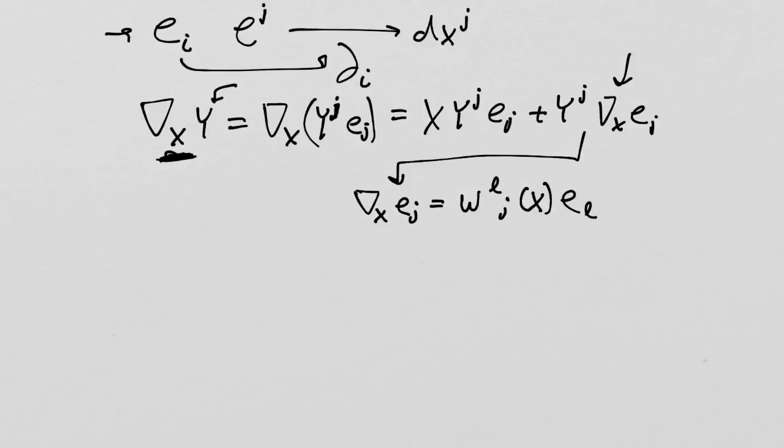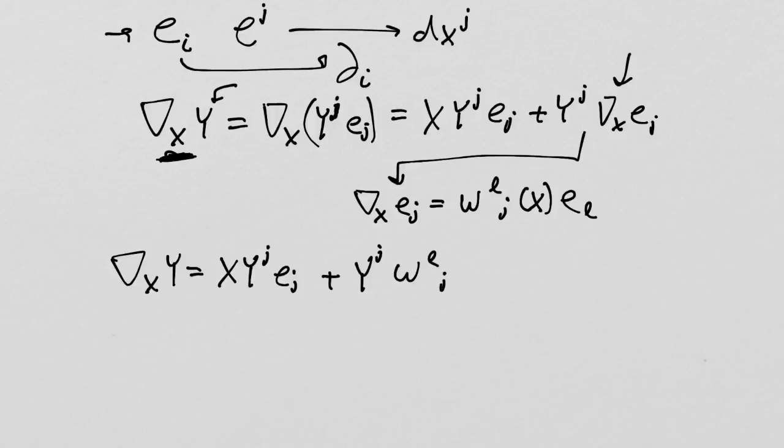And so now we rewrite this as the covariant derivative in the direction x of y, that is, x, y^j e_j, plus y^j times these coefficients. Again, you'll notice that there's a tendency to separate these things, this L to the left and J to the right, giving it some ordering.